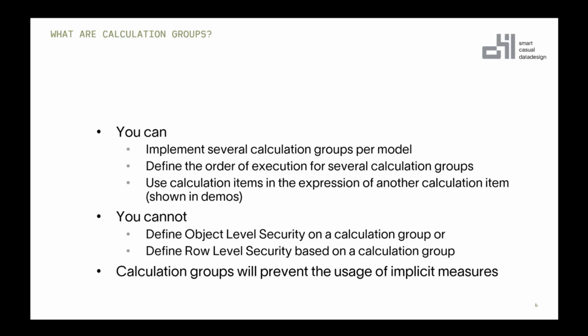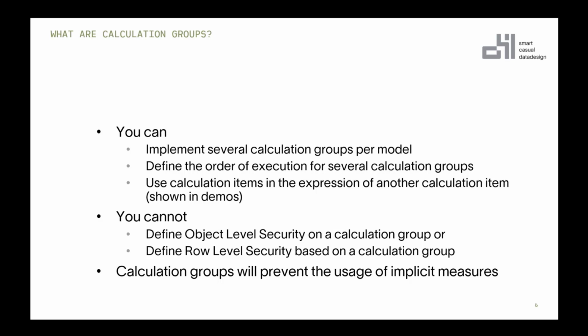Important if you're working with Power BI: if you're setting up Power BI models, then typically models are set up using implicit measures, which means all the numeric columns, for example, are treated as implicit measures. That is why you can just drag and drop a numerical column onto the canvas and it will do a calculation on top.